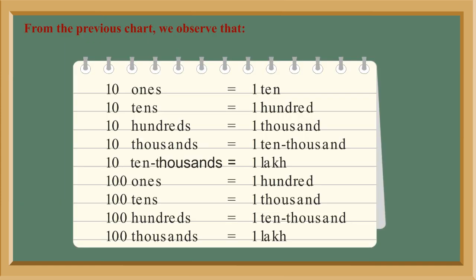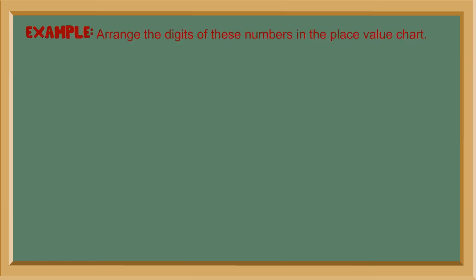From the previous chart, we observed that 10 ones is equal to 1 ten, 10 tens is equal to 100, 10 hundreds is equal to 1000, 10 thousands is equal to 1 ten thousand, 10 ten thousands is equal to 1 lakh, 100 ones is equal to 100, 100 tens is equal to 1000, 100 hundreds is equal to 1 ten thousand, 100 thousands is equal to 1 lakh.